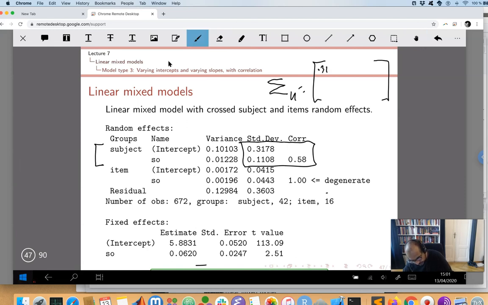I'm just going to use 2 digits, so let's say 0.32 squared. So you write the variance in the variance covariance matrix and not the standard deviation. The variance for the slope adjustment is going to be 0.11 squared, right? This number here. And the correlation is 0.58. So the correlation will go into the covariance, off diagonals here.